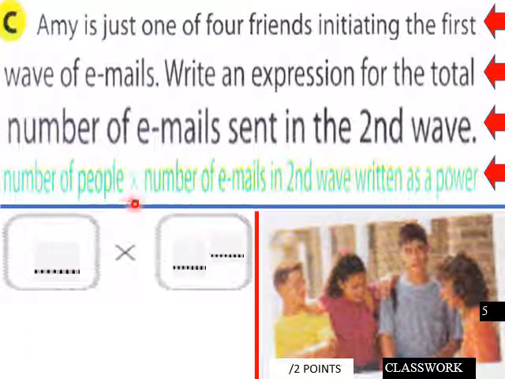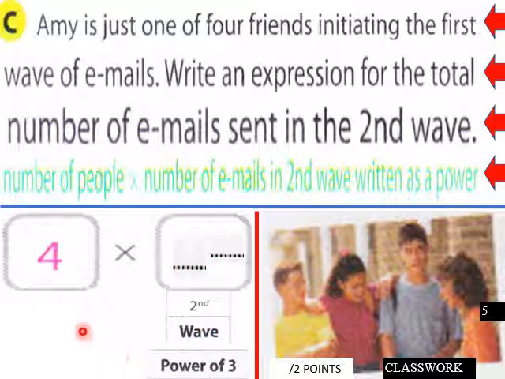So how many people did we have emailing 3 of their friends? That would be how we find the total for the 4 friends in the second wave. The second wave is a power of 3, and we got 4 friends here. What did we have in the second wave? We had 3 to the second power. So 4 times 3 to the second power, how many?